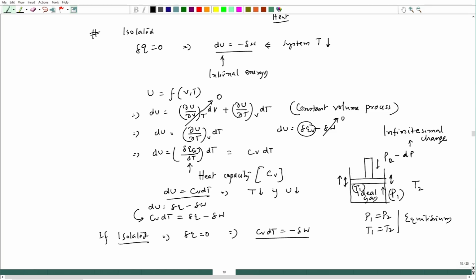That piston will reach to this place. So, actually my change would be this much. Let us say this change is dV, and this change is so infinitesimally small that the system may not experience that the change has happened.